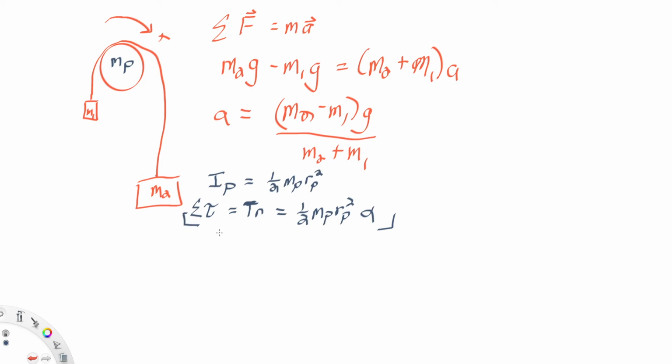So we used Newton's second law for rotation, wrote down what the effect of the tension in the rope must have on the pulley, and we could go a little further, divide both sides by the radius of the pulley, solve for tension.